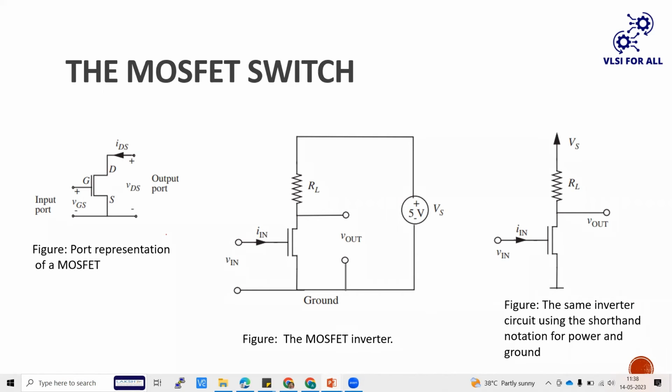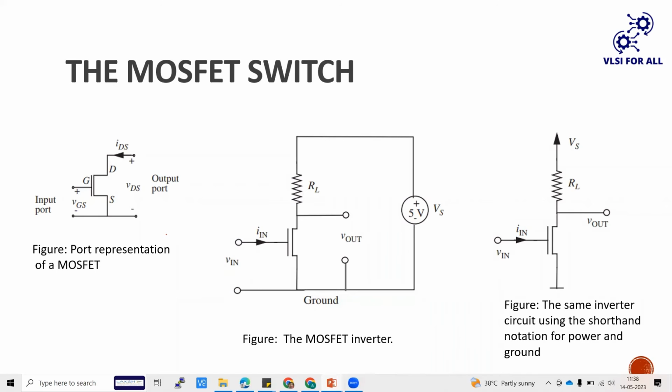And as a MOSFET switch, which is an inverter, you can see the figure. At VDD, we are supplying the voltage VS, which is 5 volts, and we are measuring the output at the drain terminal. And we are applying the voltage at the input terminal of the gate, which is Vin. In a simplified format, we are giving you the rightmost figure.